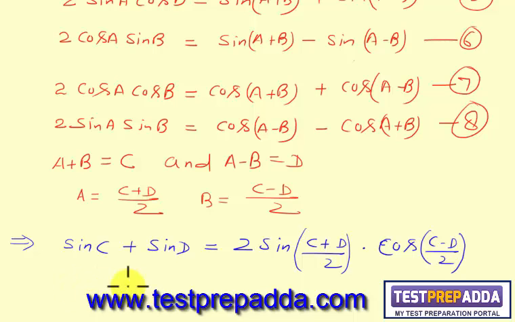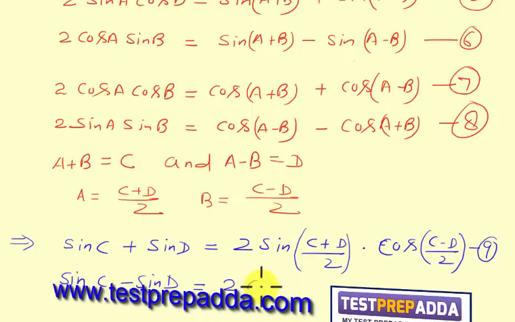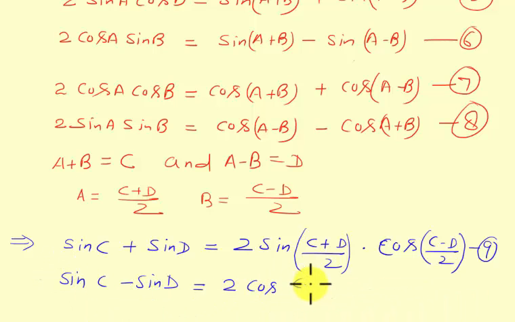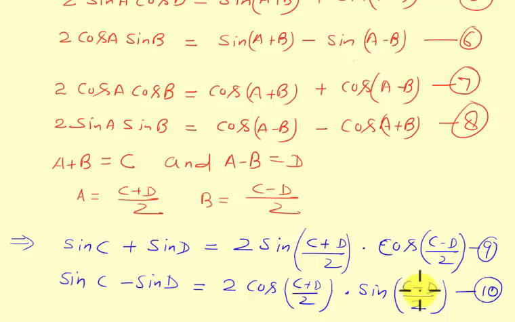Okay, now similarly give this as 9. Similarly, sin C minus sin D will come what? 2 cos C plus D by 2 into sin C minus D by 2. Consider this as 10.